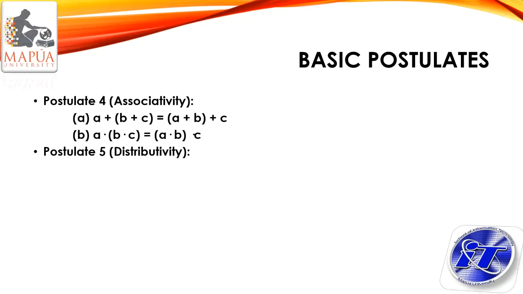Postulate 5, distributivity. This is one of the postulates that we're going to use every now and then in simplification, in proving that given equations are equal. Distributivity is like factoring or distributing, like multiplying variables to our terms. First form: A OR (B AND C) is equal to (A OR B) AND (A OR C).